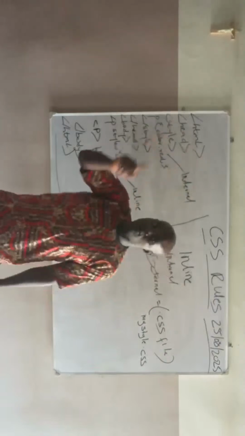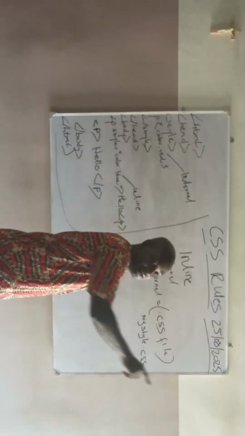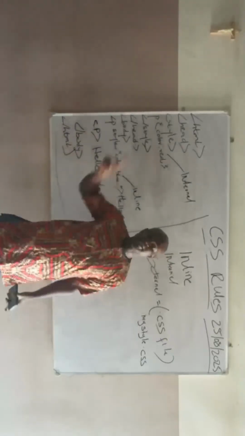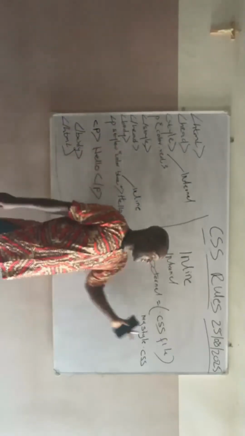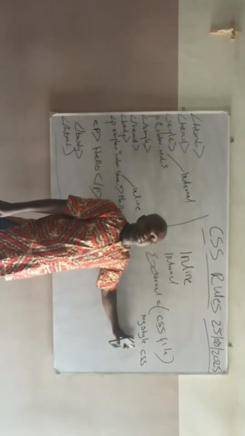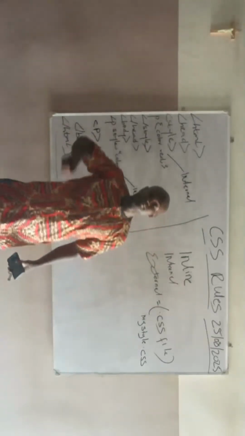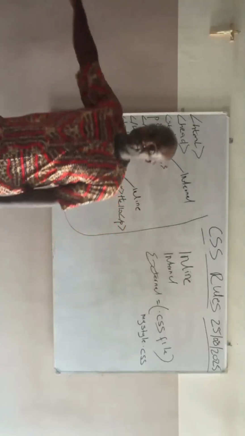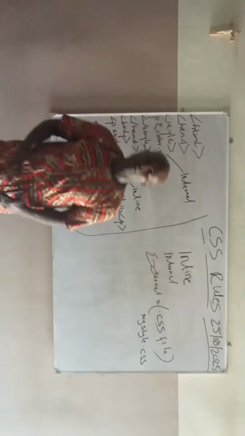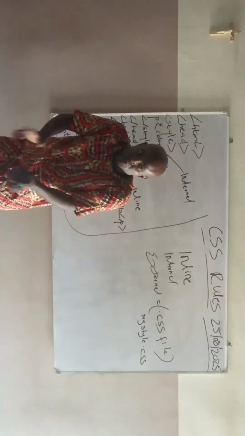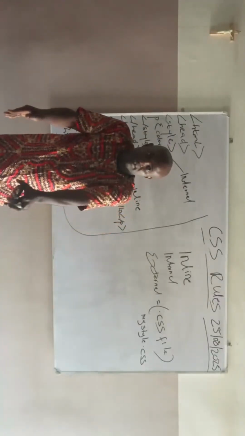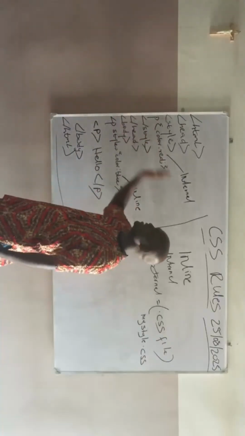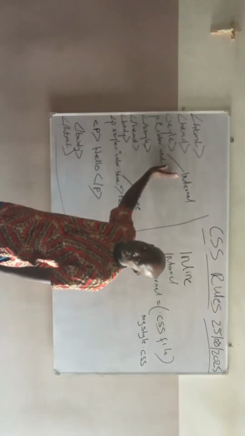Instead of doing it one by one, I'll just create my file somewhere and link it to all the pages, so that any changes I make to my CSS file will affect all the HTML pages. Except in the situation whereby I want to make a custom change to a particular page. Then I can decide to use what? Internal, going to that particular page and making the specific changes to it.